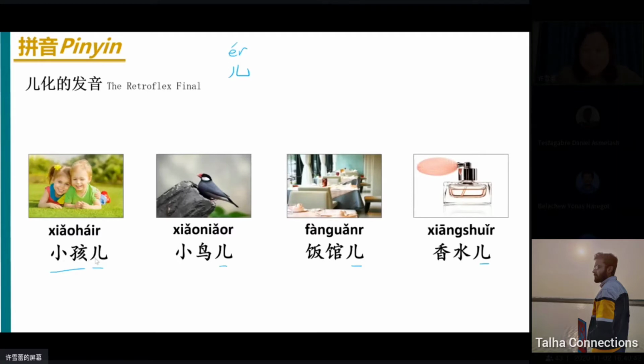In these cases 儿 doesn't mean anything. It just adds a sound to the previous word. Look at this word. We read the first part, xiǎo hái. So this word 小孩.